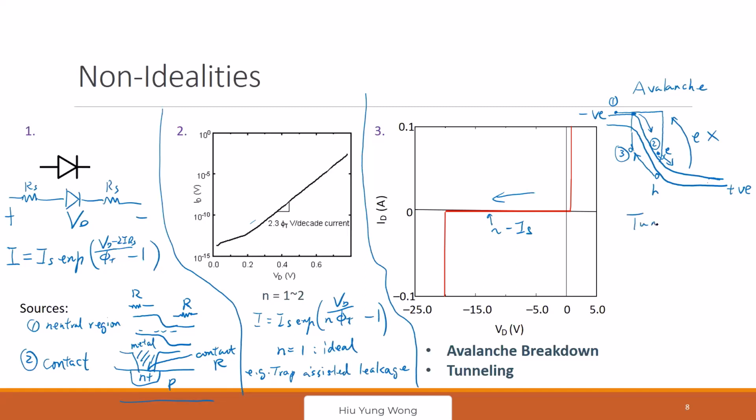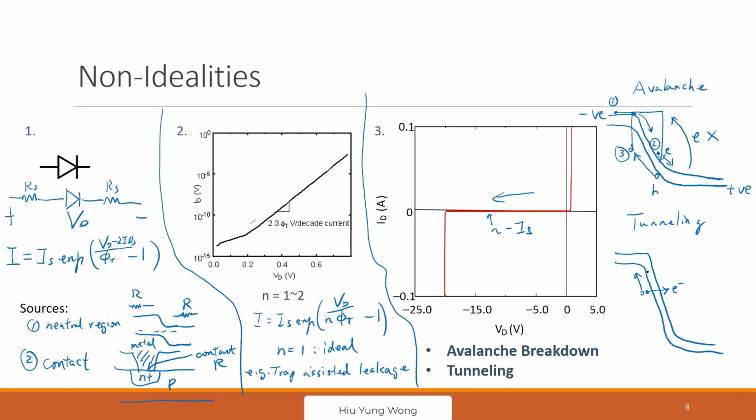Another is so-called tunneling. When you have such a thin barrier, although I don't have electrons going down, I have plenty of electrons at the valence band that can tunnel to here, and then it becomes a hole, right? Because it's very thin, there's quantum mechanical tunneling.